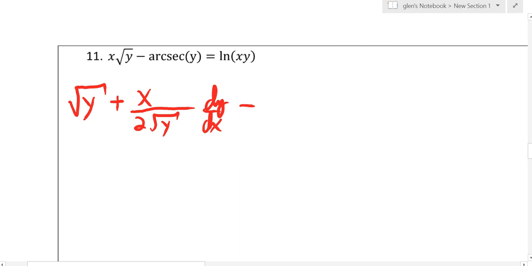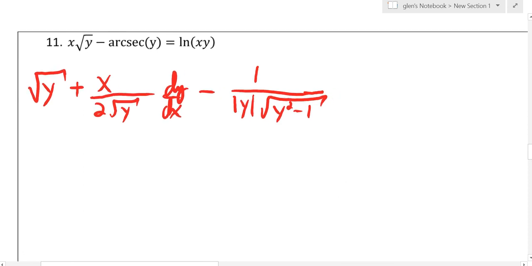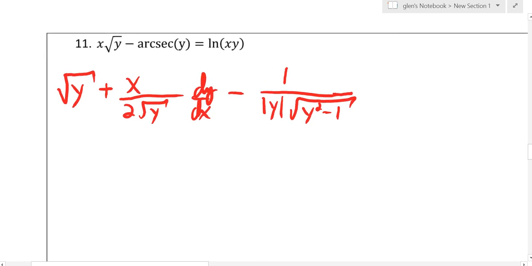Minus the derivative of arcsecant, which is 1 over the absolute value of the inside times the square root of the inside squared minus 1. Everybody okay with that? So this piece right here is the question. It came from the fact that when I derive this, I'm leaving the x, I'm deriving root y.